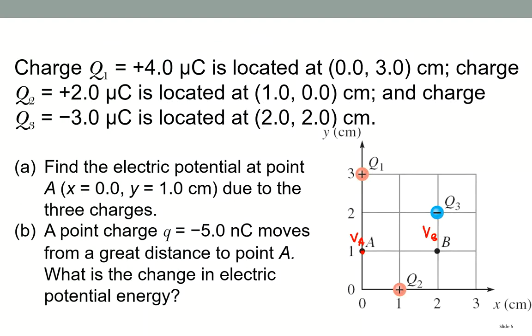So in this problem, I have three charges. And so if I'm going to find the electric potential at point A, I'm simply going to say VA is equal to K, they use capitals here, so K Q1 over R1A plus K Q2 over R2A plus K Q3 over R3A.